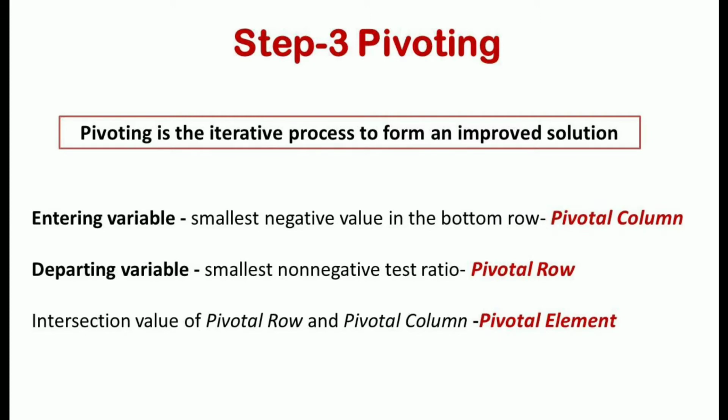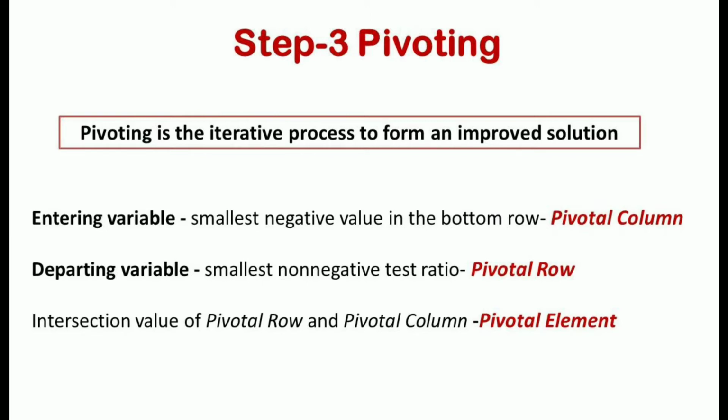To find the departing variable, we divide the beta value of each linear constraint by the corresponding value from the pivot column, which are known as test ratios. Then the departing variable corresponds to the smallest non-negative ratio, in the pivot row.